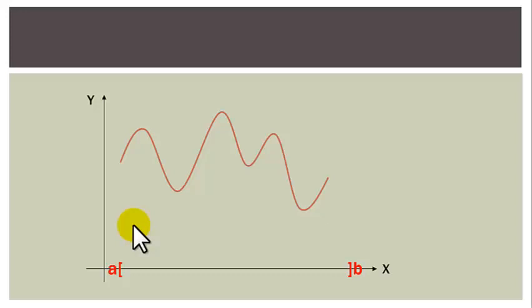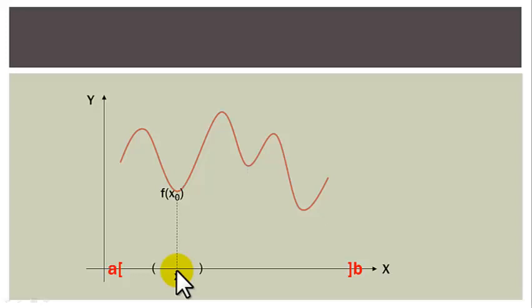Then the local minimum points are located at the following points. Here is the first local minimum point, and the value of the function at that point is here. F of x0 is the value of the function at this point, and the small neighborhood around this point x0 is this.